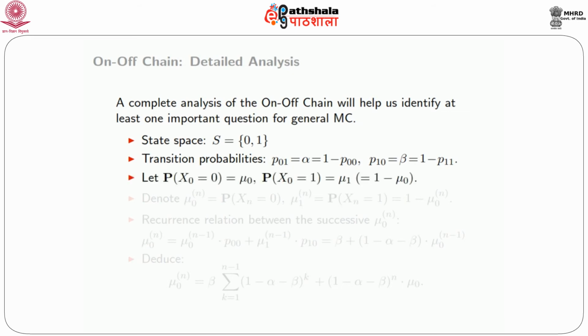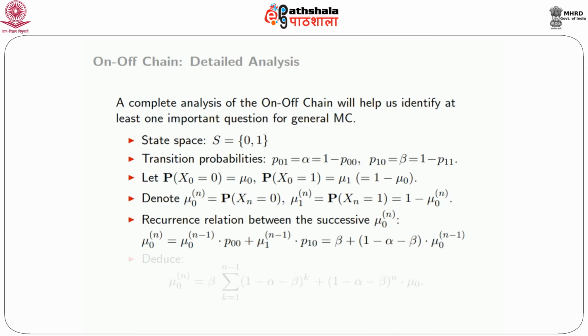Let's assume that the initial distribution is given by mu0 and mu1, the probabilities of x0 being 0 or 1. Of course, mu1 is 1 minus mu0. And denote, as usual, mu0n to be the probability that xn is 0, and mu1n to be the probability that xn is 1, which of course is 1 minus mu0n.